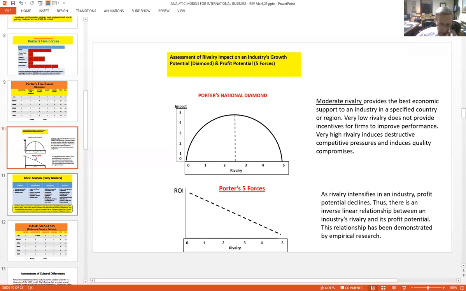In any event, you should be aware that if you're looking for an industry to grow and be healthy in a particular country, moderate rivalry is a good thing, and it gets a rating of 5, whereas rivalry at the extremes gets lower ratings. See, the rivalry 5 would maximize the downward impact on profitability in the 5 forces model.